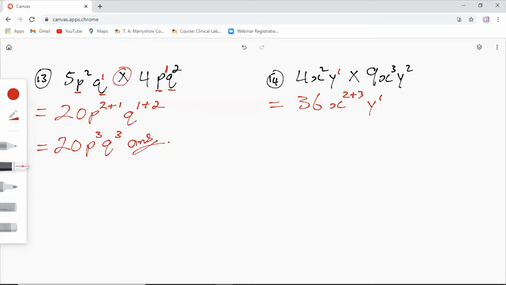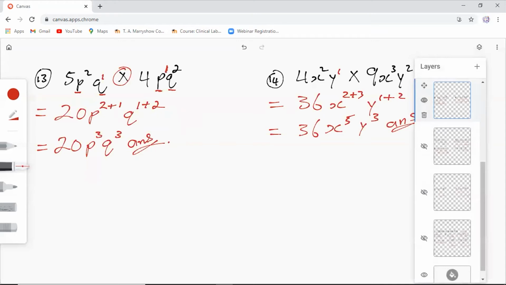So that's 1 plus 2. So we simplify now. We get 36x to the power of 2 plus 3, so that's x to the power of 5, and y to the power of 3. That's our answer there, 36x to the power of 5 y cubed. Okay, let's move on.